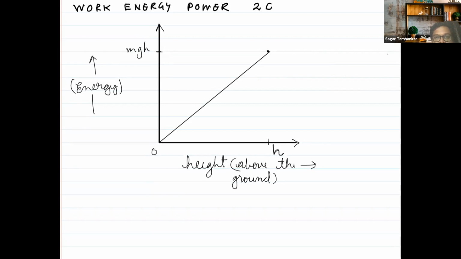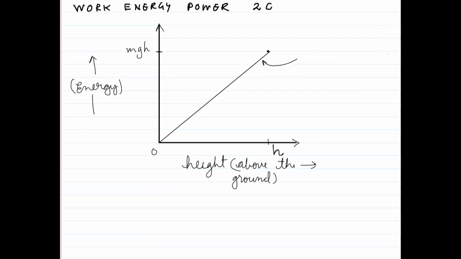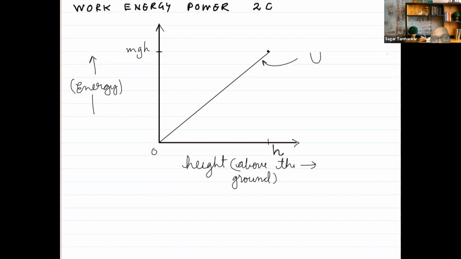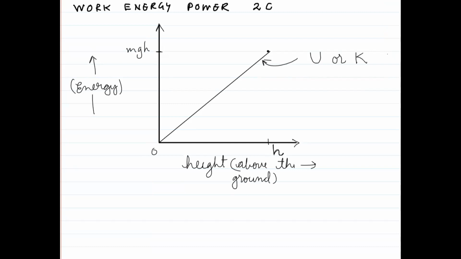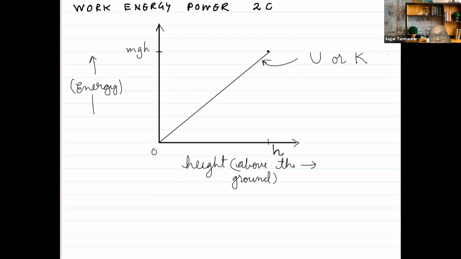So for a free falling body, what do you think? This line is showing you how the potential energy is changing, or the kinetic energy is changing? What do you think? So both. This line is showing us both. Okay, anyone else would like to answer this?